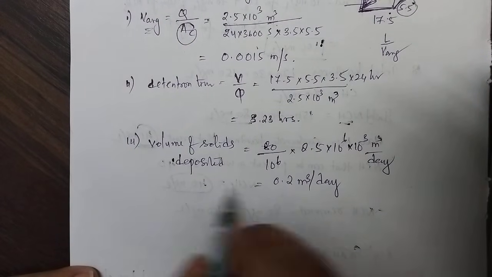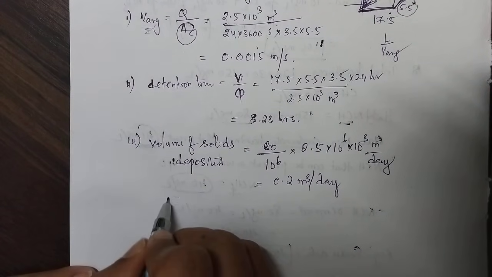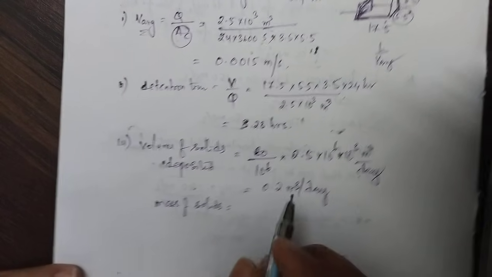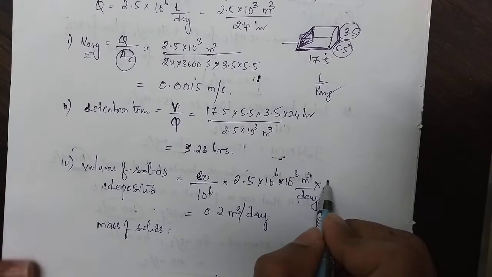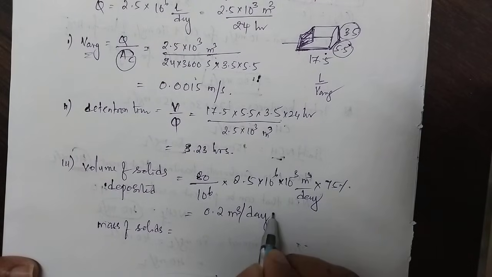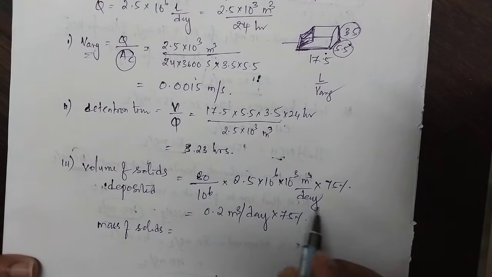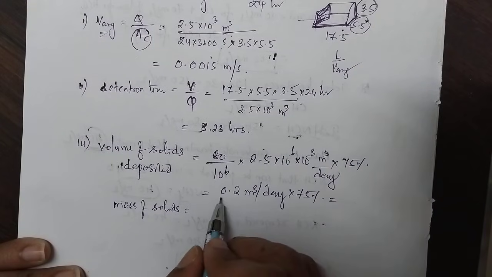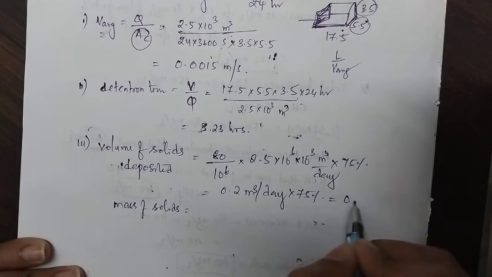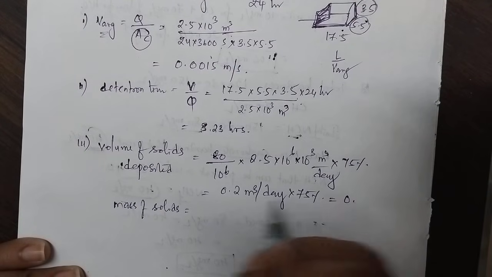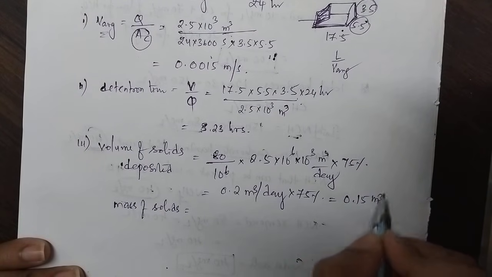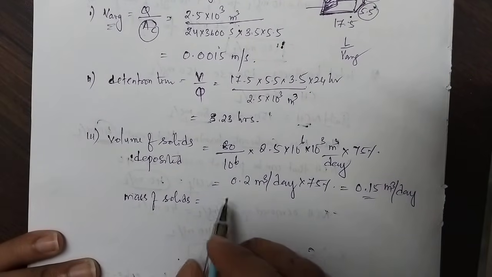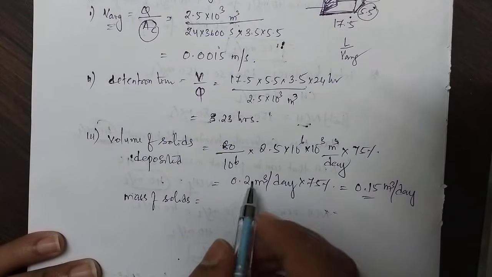So to calculate mass of solids deposited, out of which only 75% is being deposited, into 75%. If you calculate this, you get around, I think, 0.15 meter cube per day. So this much value, now how much is the mass? Just multiply with the density.